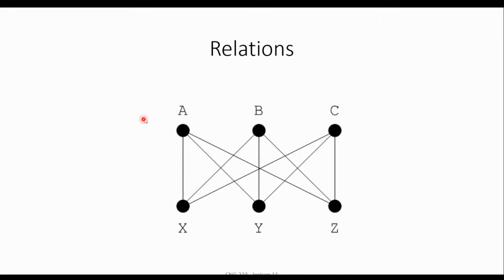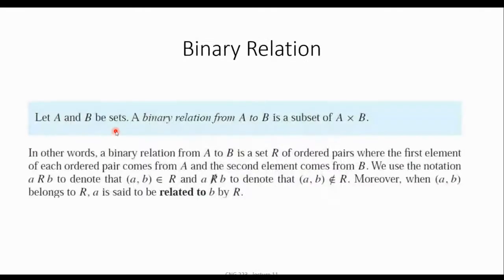We have different types of relations in mathematics, and we can talk about them one by one. They have various properties, and based on that we can define terms such as graphs, which we will talk about next week. So one of them is binary relation.